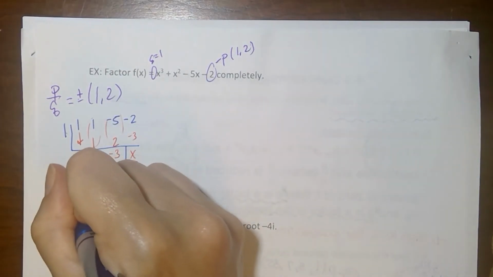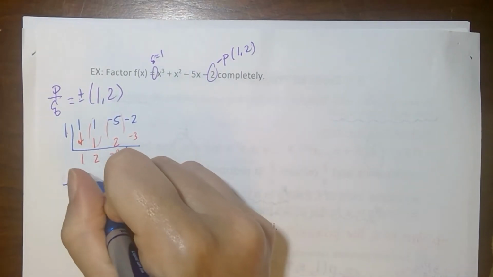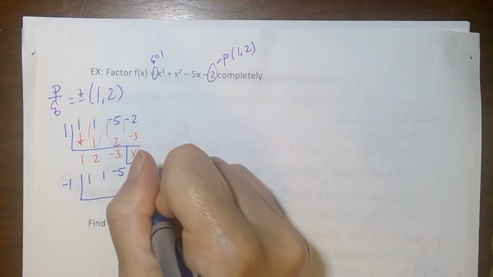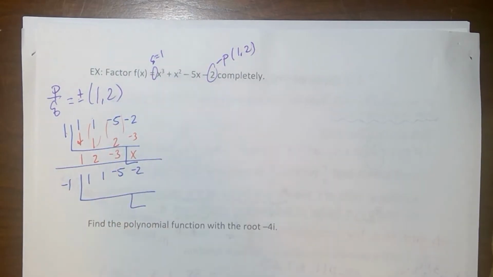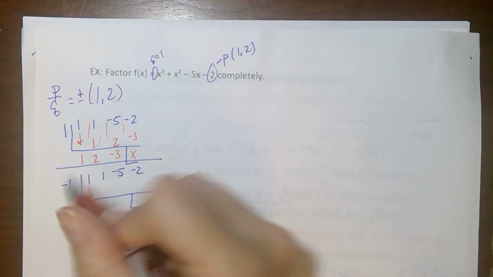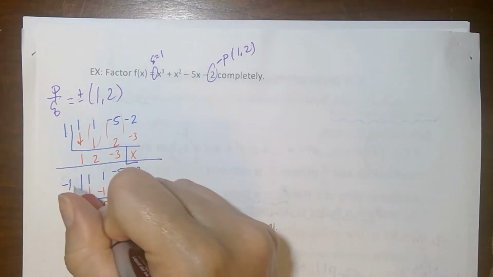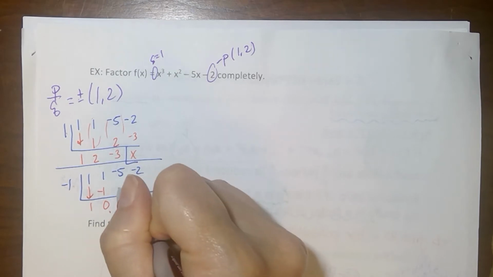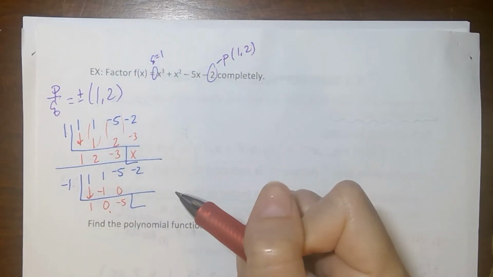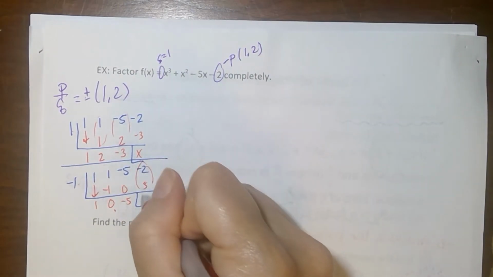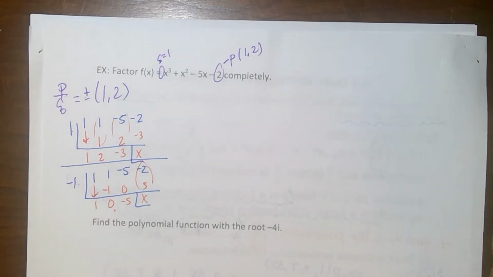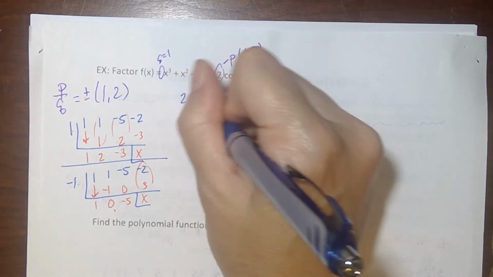So let's try negative 1, see if it works. I go back to my setup to see if I do any better with a negative 1. Bring down my first number, multiply on the outside, add on the inside, multiply on the outside. Oh yeah, no, that's even worse. That does not add to 0, so that one doesn't work either. Well, we tried positive 1 and negative 1. Let's try positive 2.